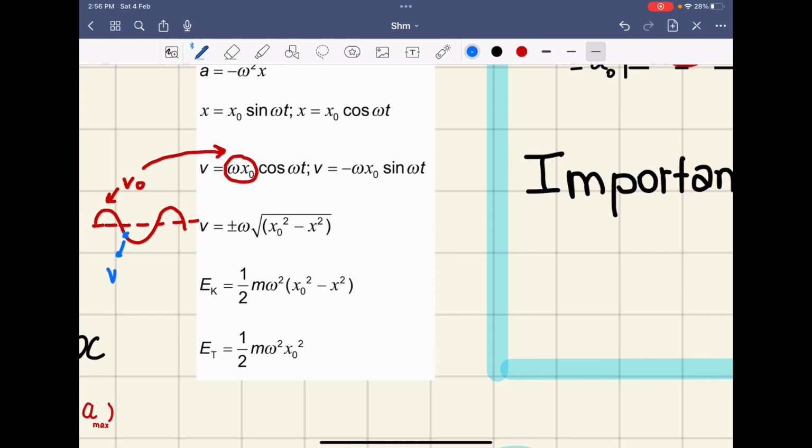To find the velocity at this point, you do omega times the square root of x0 squared minus x squared, with x of this point specifically. Now, to show you that we can go from this relationship to the other, when x is x0, you will see that v equals omega times the square root of x0 squared, which is omega x0. And we go back to the maximum velocity of the system.